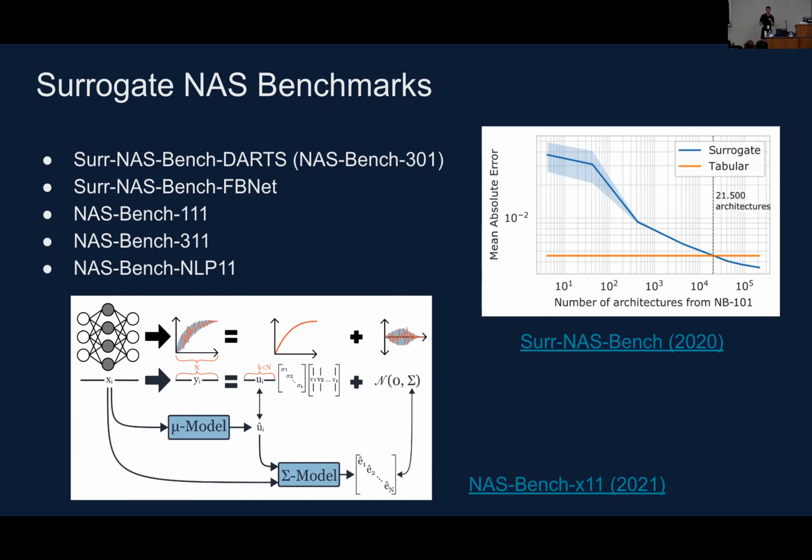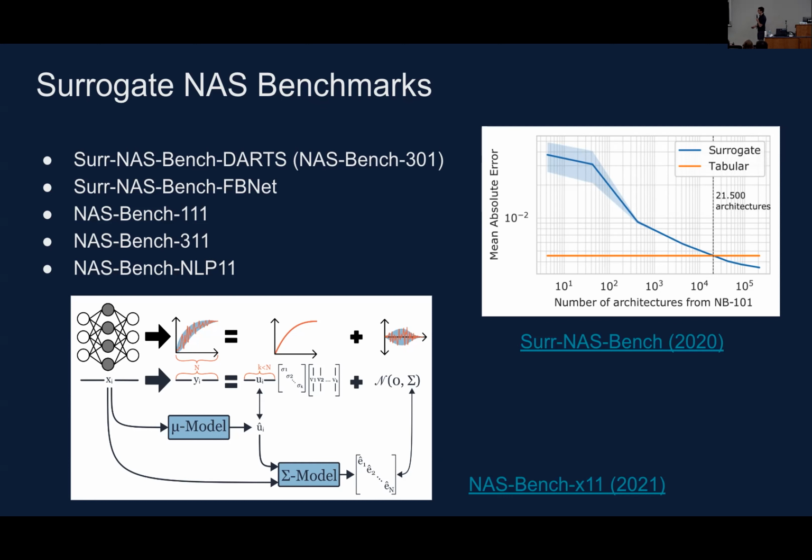have less error than tabular benchmarks. And the reason is that even for tabular benchmarks, where we just train all the architectures 3 times each, there can still be variance because there's noise when you train any individual architecture. So even if we train them 3 times each, there's still a bit of noise that we have, like if we average the 3 architectures.